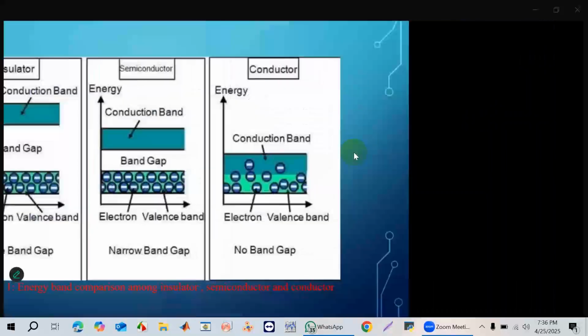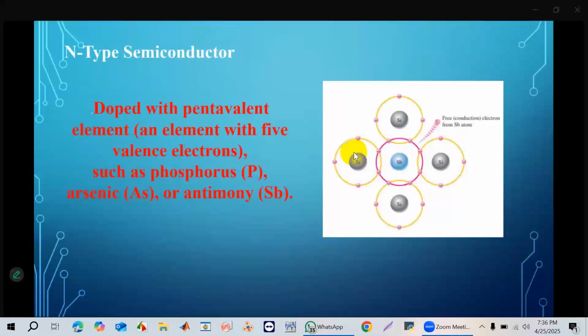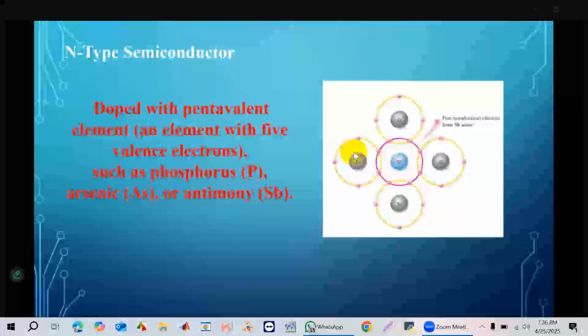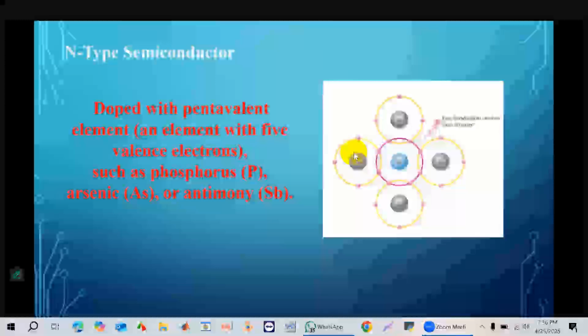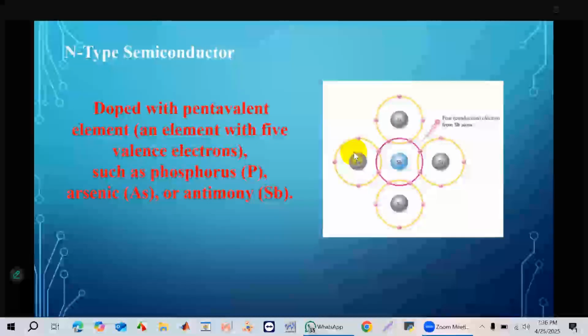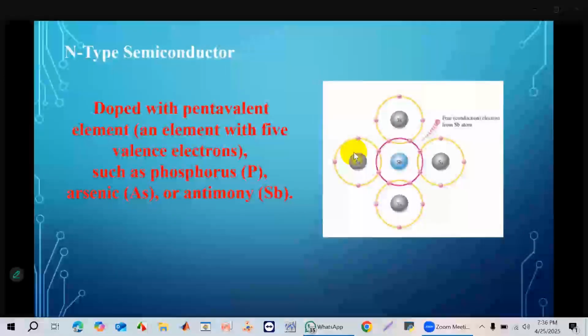Okay. Now n-type semiconductor. When a semiconductor is doped with pentavalent atoms like phosphorus, arsenic, or antimony, it is called an n-type doped semiconductor. In the figure, you can see that a silicon crystal is doped with antimony.